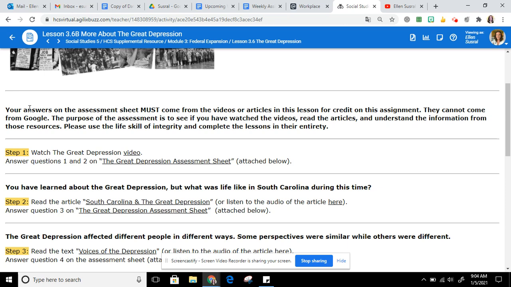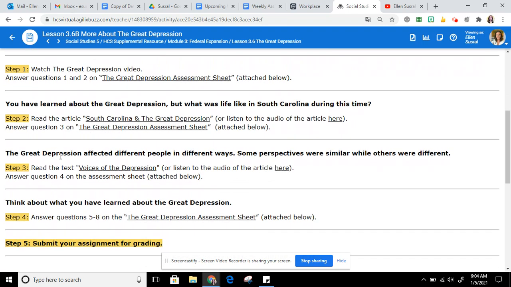You cannot be using Google because that's not really taking the time to learn the content. You need to practice the life skill of integrity to make sure you're actually learning this material. So make sure you watch the videos, read the articles, and truly understand the information from the resources.